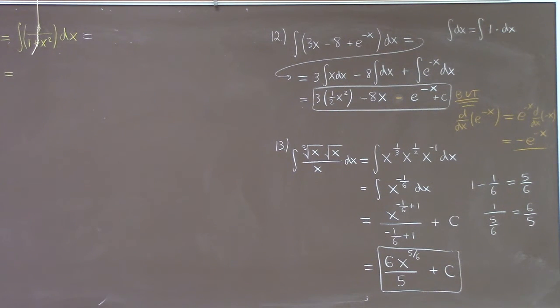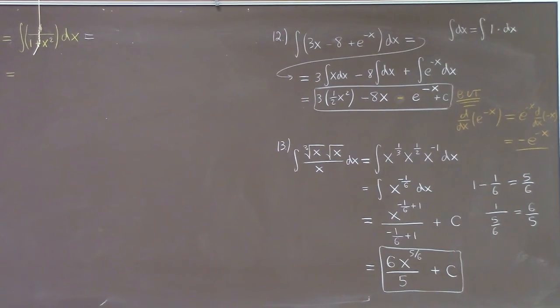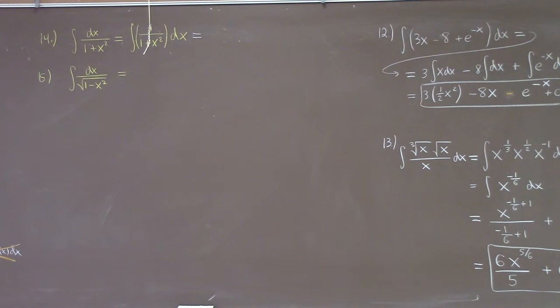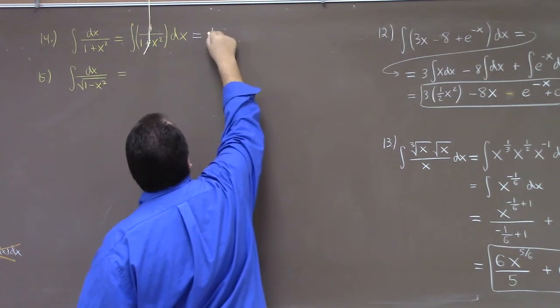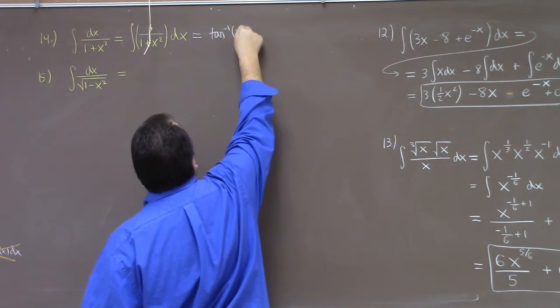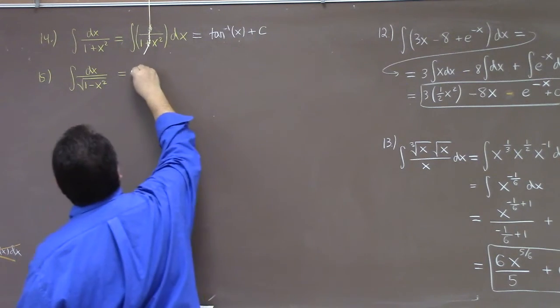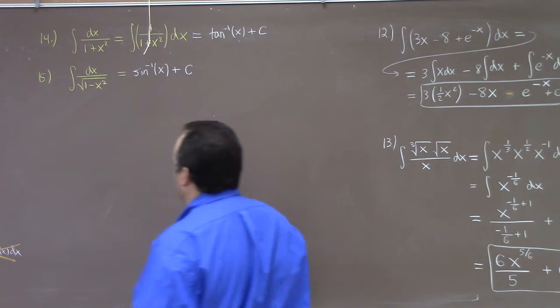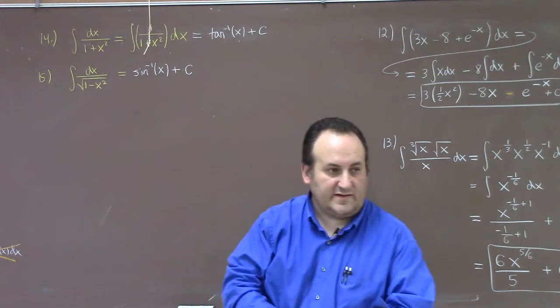Since the derivative of inverse tangent is 1 over 1 plus x squared, the integral of 1 over 1 plus x squared is inverse tangent of x plus a constant. And this one, likewise, inverse sine of x plus a constant, right? Because the derivative of inverse sine is 1 over the square root of 1 minus x squared.